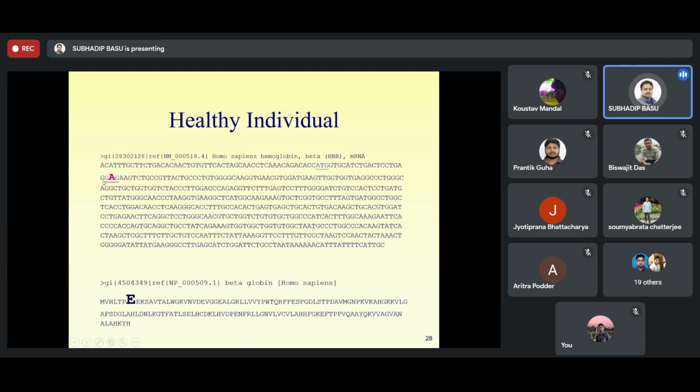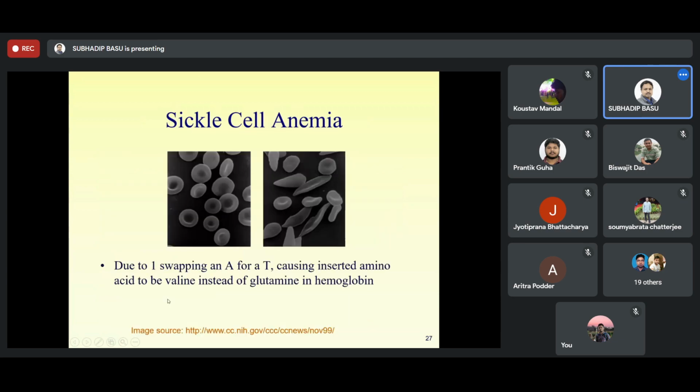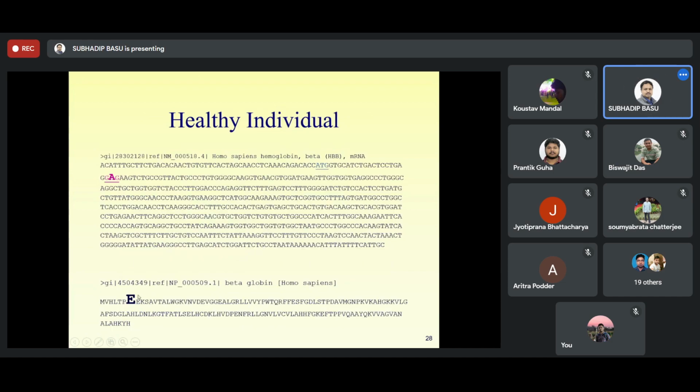This is the genetic sequence of a healthy hemoglobin in a healthy individual. It is GAG. This GAG encodes glutamine. So this E is glutamine.